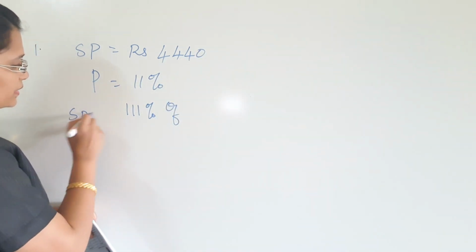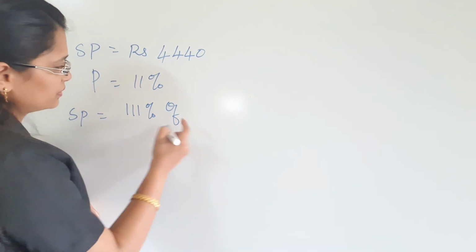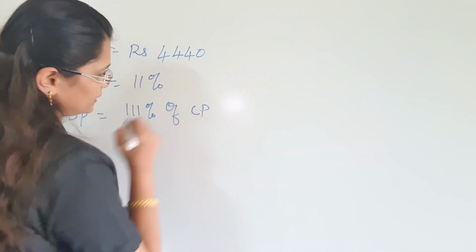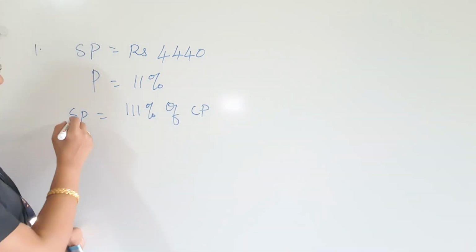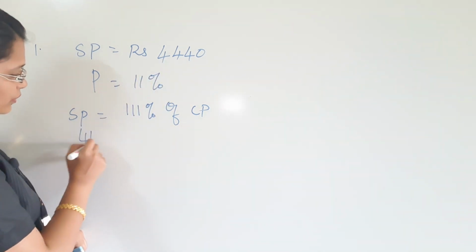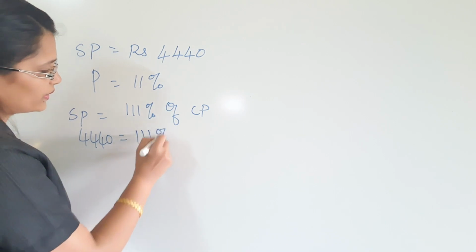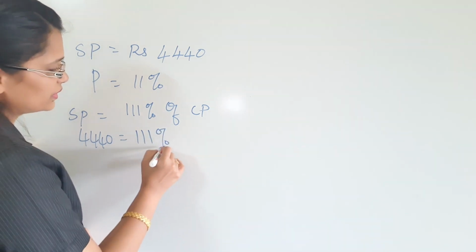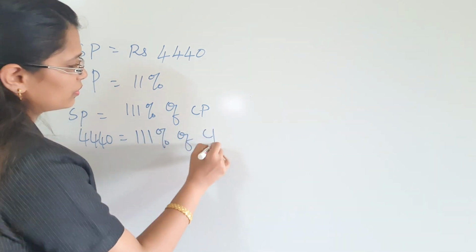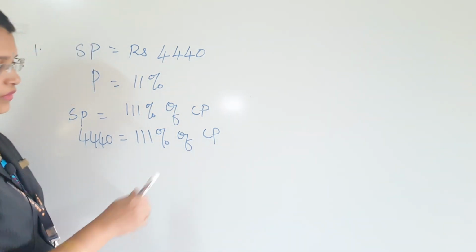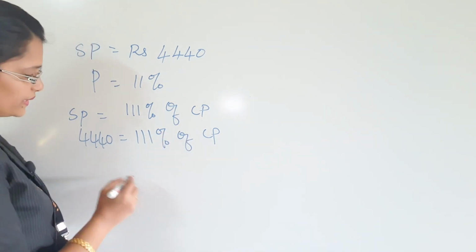So SP is equal to 111% of cost price. That means 4440 is equal to 111% of cost price. Of denotes multiplication.